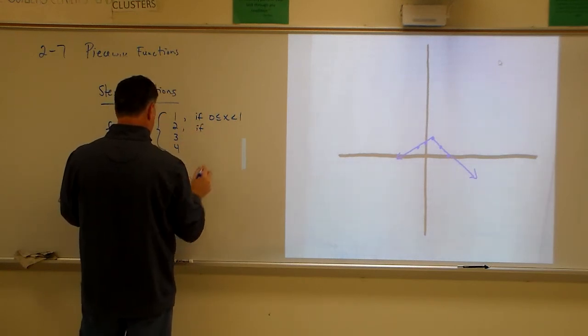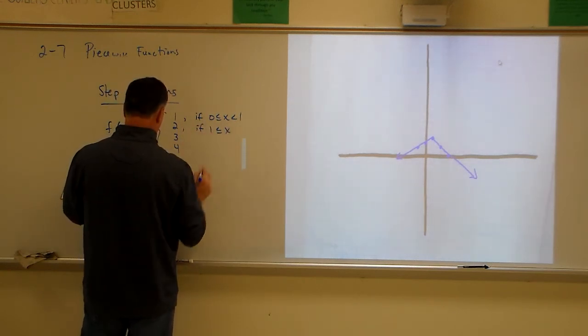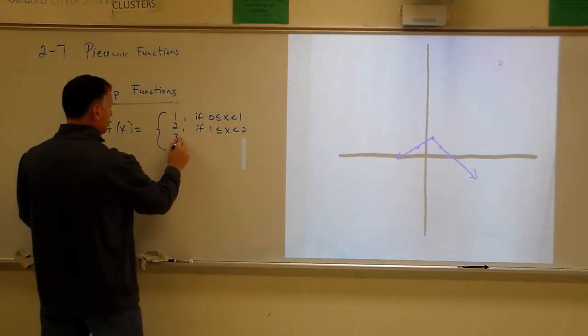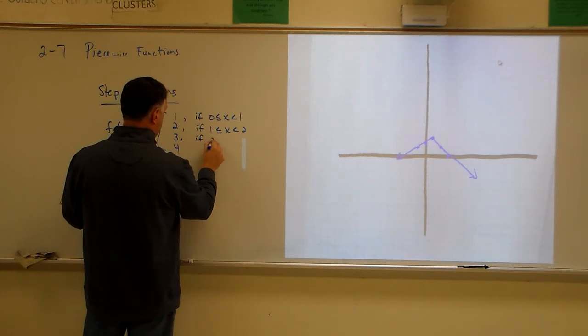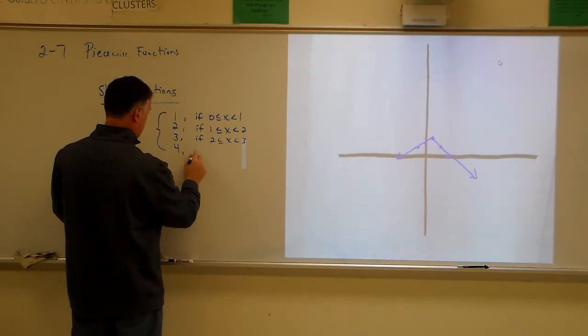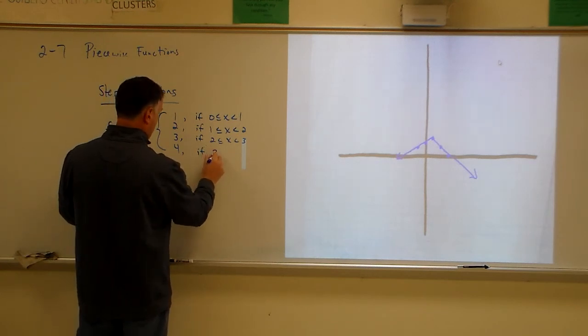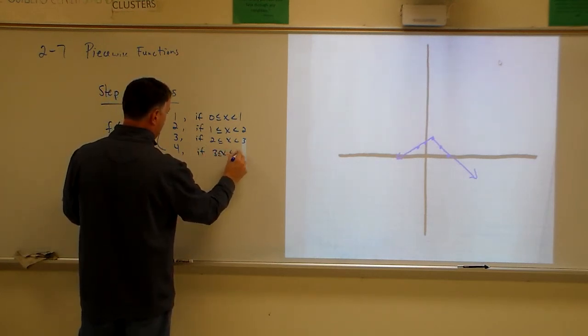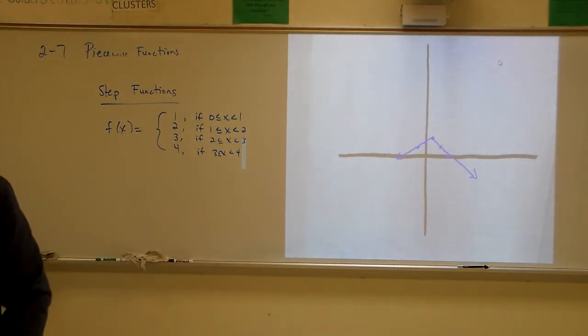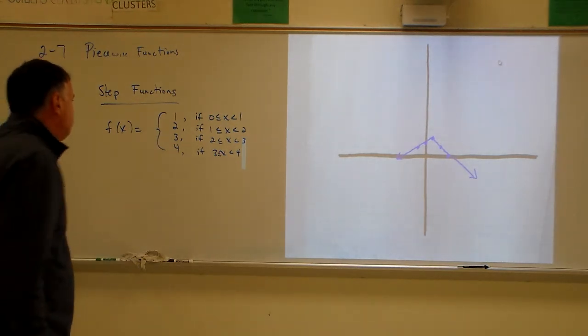This is when it's greater than or equal to 1, less than 2. And then this is going to be 2 and 3. And this is going to be 3 and 4. Okay? So, let's do that first one.